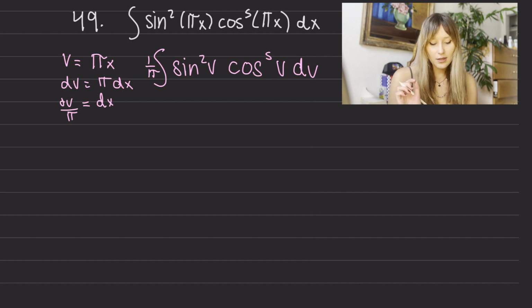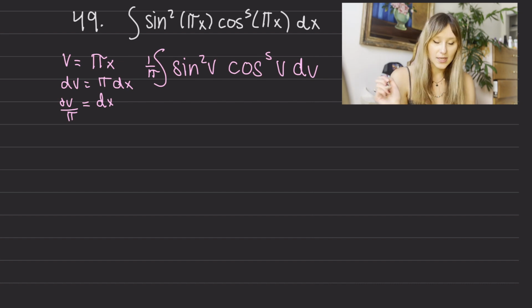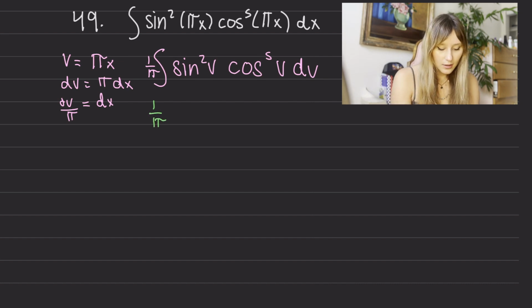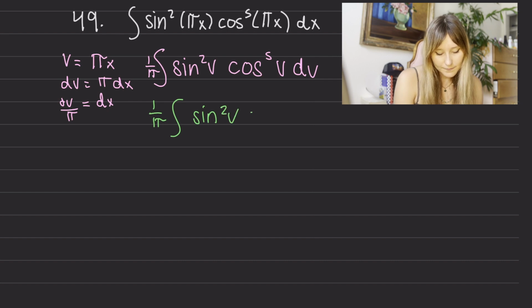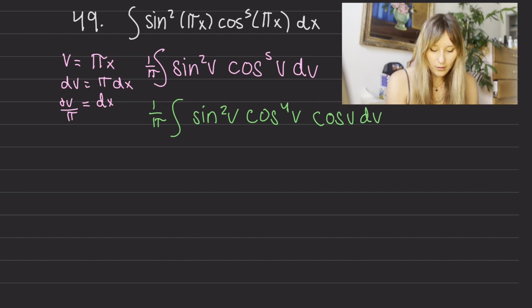So we're going to do similar things here. So cosine is an odd power, so we're gonna pull the cosine out. And we are going to do another u substitution here.